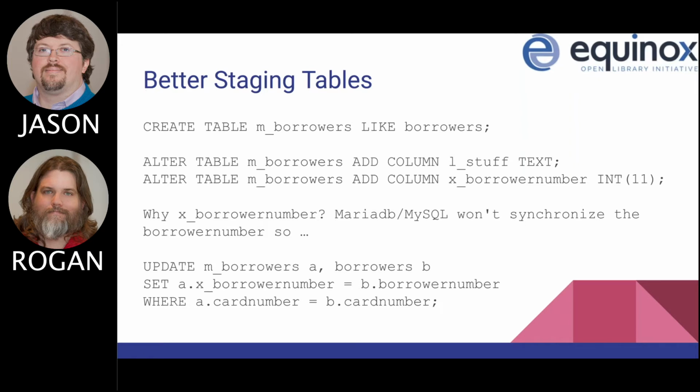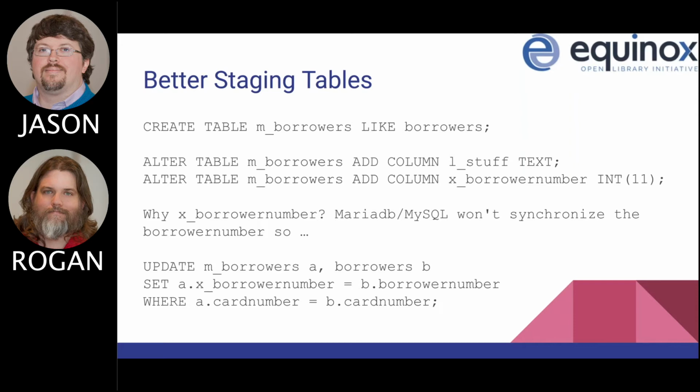Now, this is the part where Jason and I both feel a little pang of wishing that MySQL/MariaDB had child tables like Postgres does, because then you can actually share a number sequence. In MySQL and Maria, it's not a child table, it's actually completely separate, just has an identical structure, and the sequence is going to be completely separate. So there are a few things we have to do to deal with that, and we'll talk about that in just a few minutes.